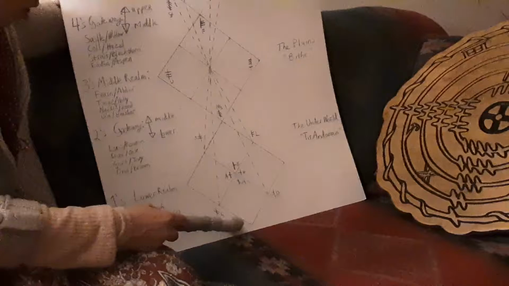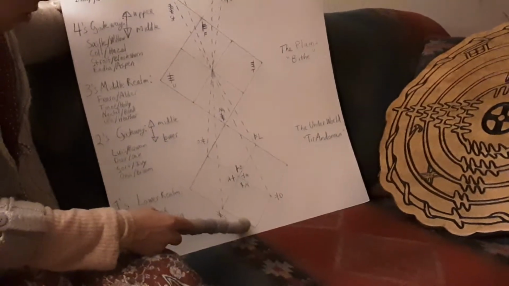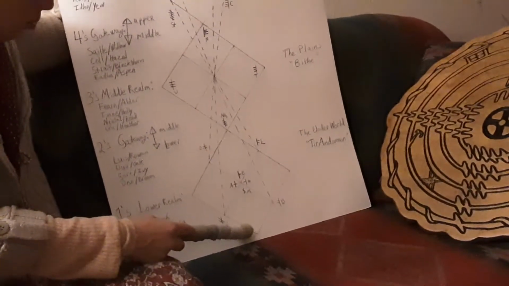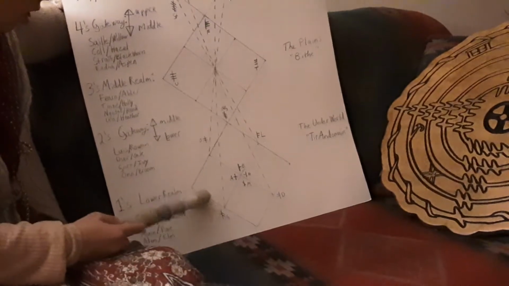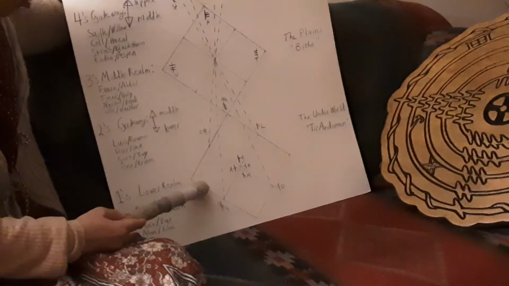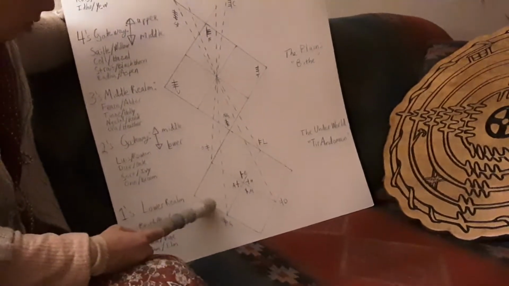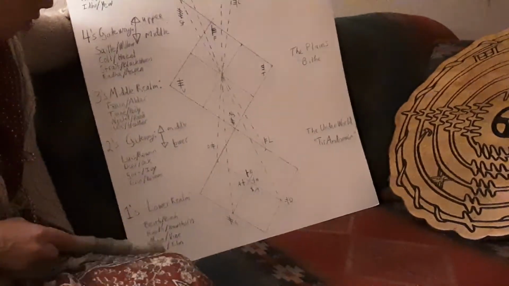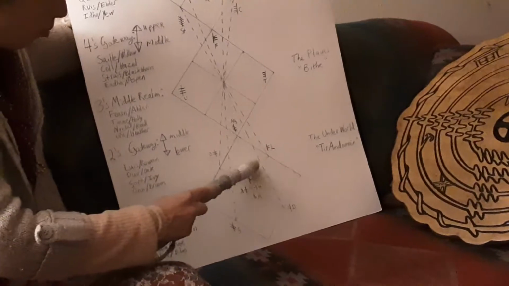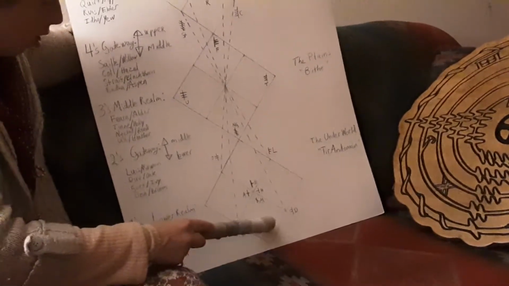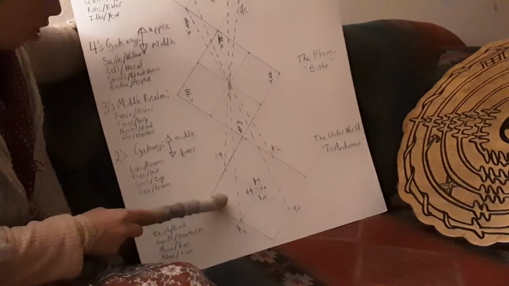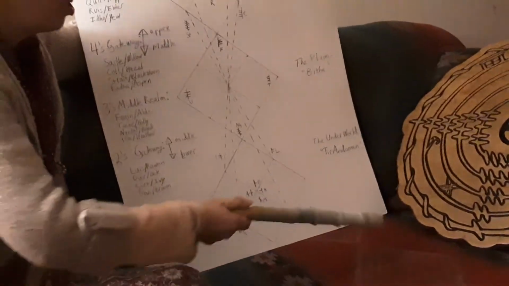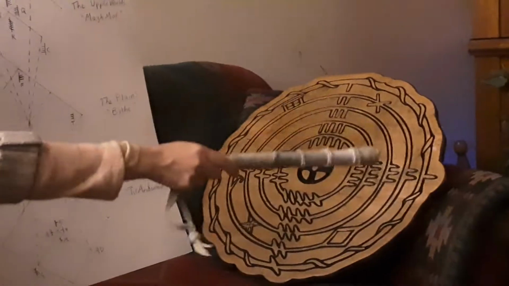In the south of the lower realm, we have M for Muin. In the west of the underworld, we have A for Alm, which is elm. Sorry, Muin is vine. So in this realm, we have birch, hawthorn, vine, and elm. That correlates here to 1, 2, 3, 4.